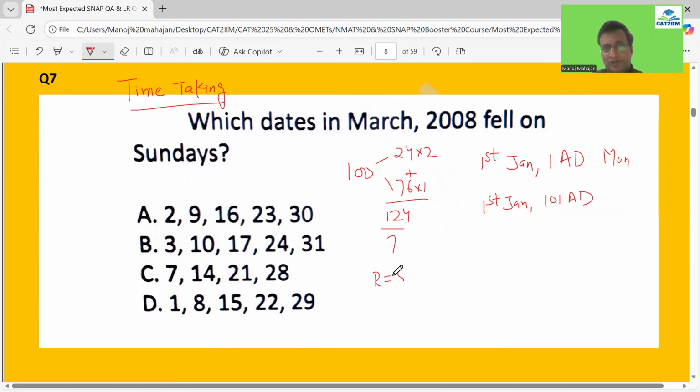So the remainder, if you calculate, is 5. So either you do plus 5 or minus 2, because dividing by 7, the remainder is 5 or 2 short, that would actually be the same. So you just go 2 days back from Monday, that would be Saturday. So now if I know this pattern, I can actually go to any century with ease.